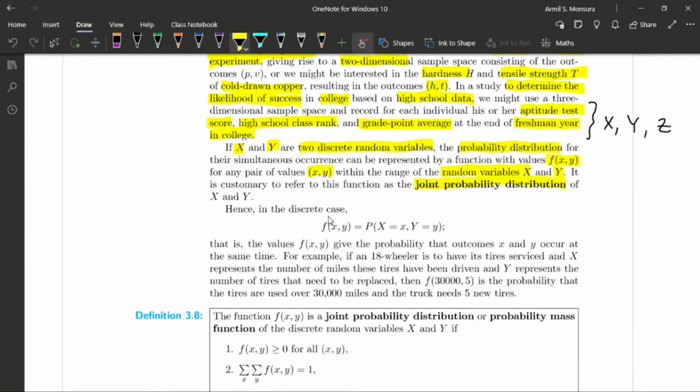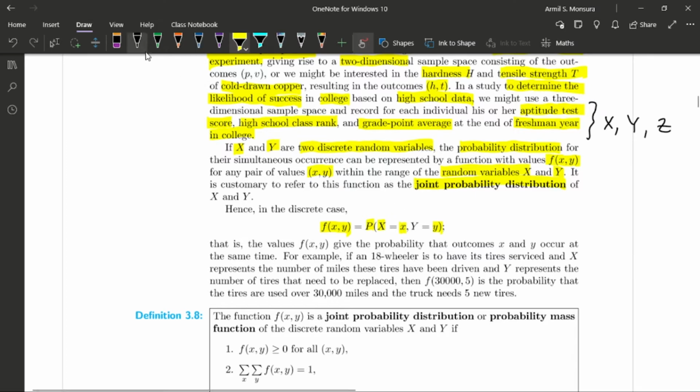So in the discrete case, the joint probability distribution of x and y should equal the probability of your x, assuming the value of small x, and at the same time, again, ang keyword doon is and at the same time, your random variable y assumes a value of small y.